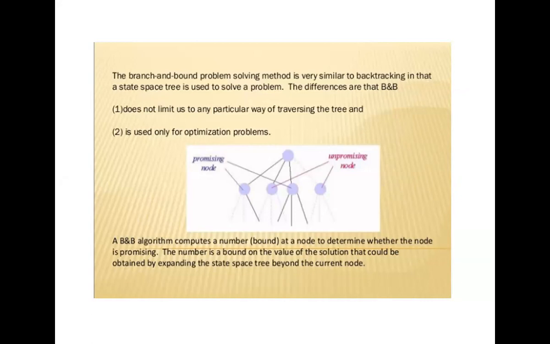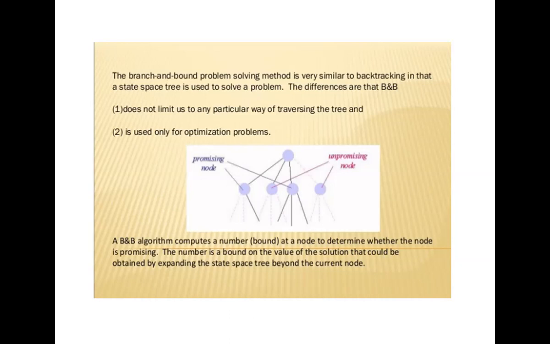What is optimization? In an optimization problem, you have to find a maximum or a minimum, that is a maximization problem or a minimization problem. The branch is checked against upper and lower bounds on the optimal solution, and is discarded if it cannot produce a better solution than the best one found so far by the algorithm.